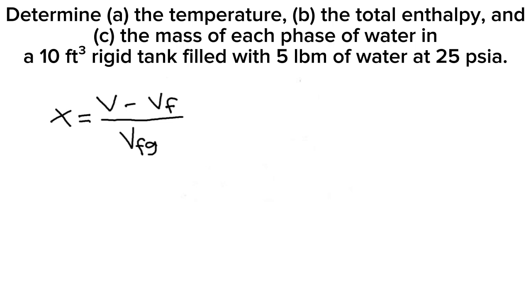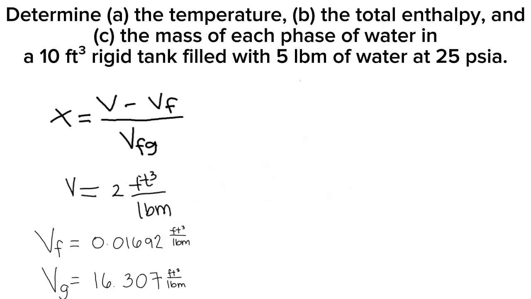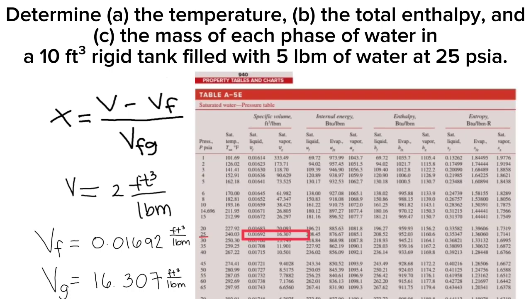Quality X is equal to the specific volume minus the specific volume of saturated liquid over the difference between the specific volume of the saturated vapor and the specific volume of the saturated liquid. We can use our property table to determine the specific volume of the saturated liquid and the saturated vapor in Table A-5E.